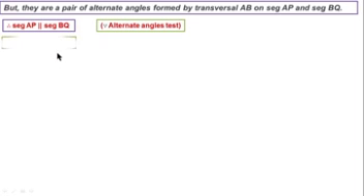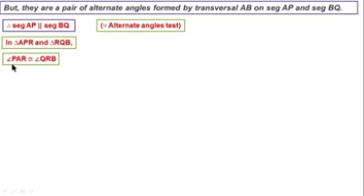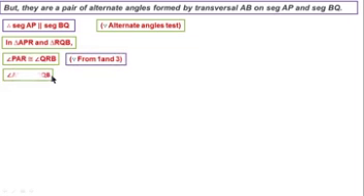Alternate angle test. In triangle APR and triangle RQB, angle PAR is congruent to angle QRB from 1 and 3. Angle APR is congruent to angle RQB, alternate angles.